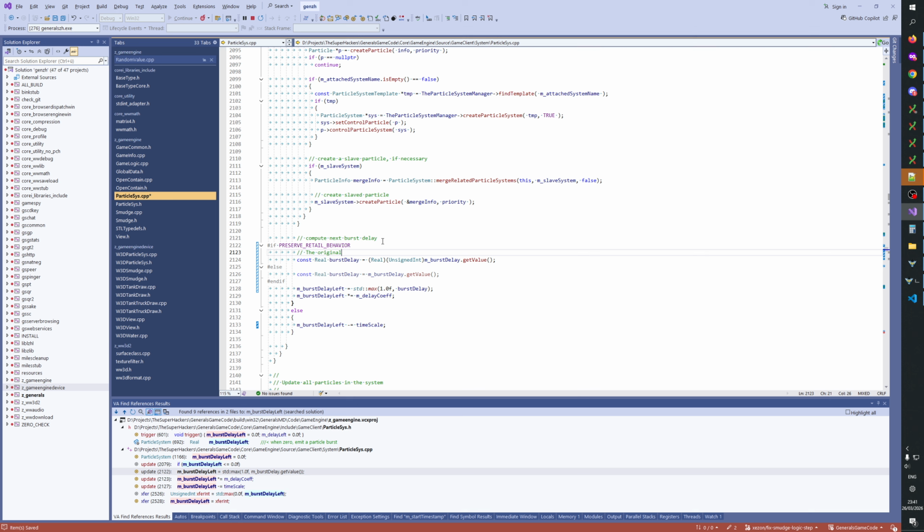The original code used integer burst delay.